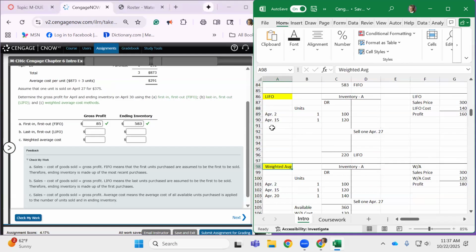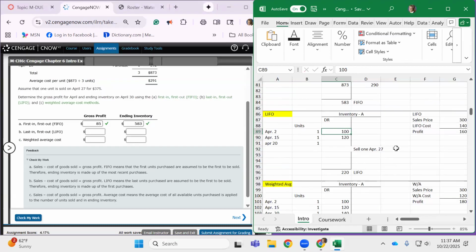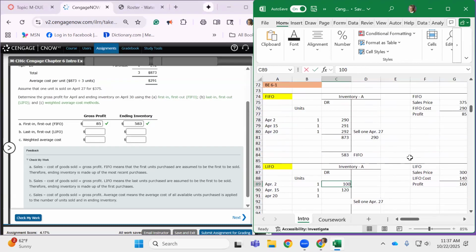Okay, and we've got more than one purchase. Okay, so we've got April. We've got 3 purchases for each. Okay, so I need to change the amount. All right, so we got 290, 291, and 292.